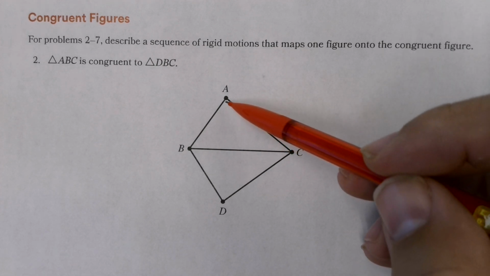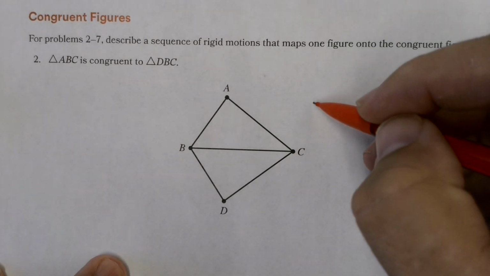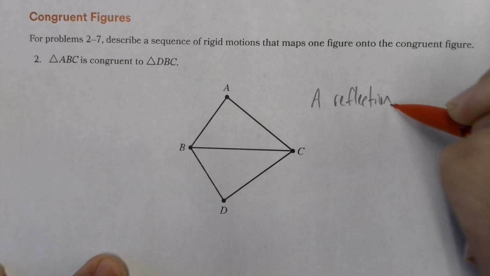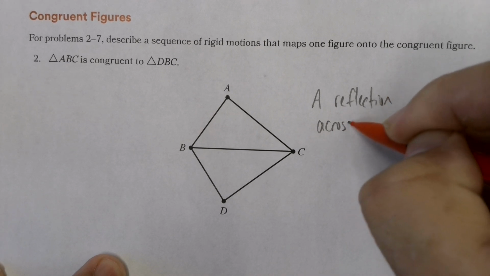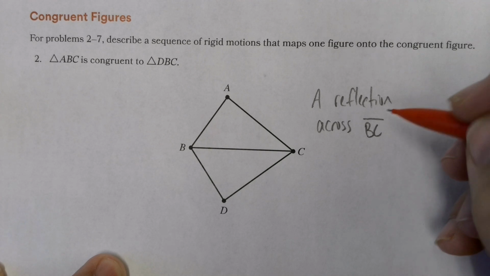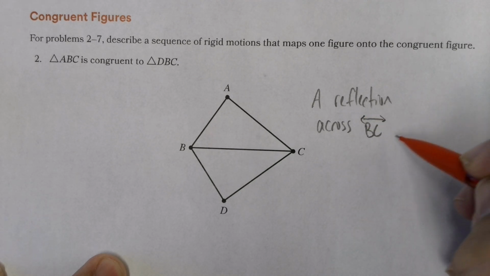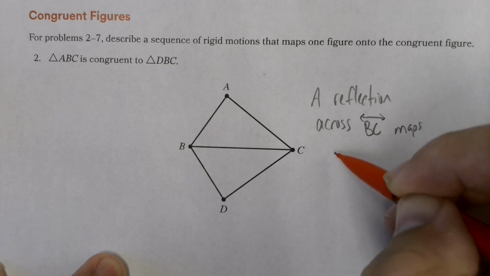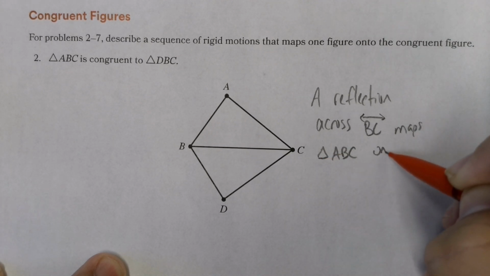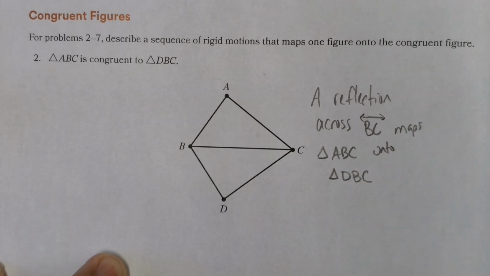In this case, if I just reflect, okay, if I have a reflection across BC, okay, that maps triangle ABC onto triangle DBC.